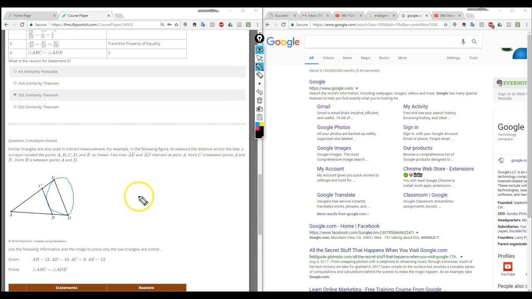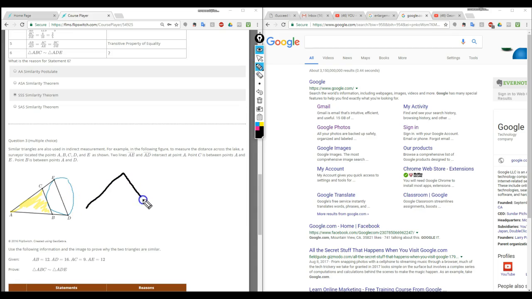So, we're trying to prove that ABC is similar to triangle ADE. So I'm going to draw them again separately. ACB is the yellow one.